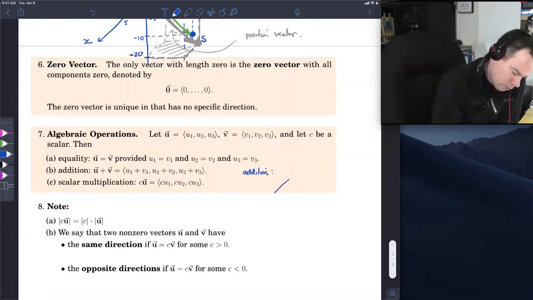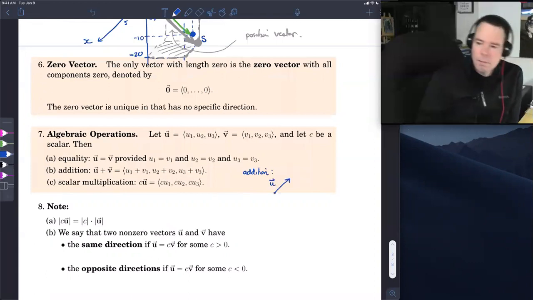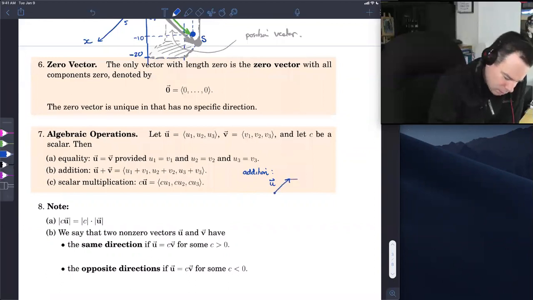If I have a vector, let's say u, and I want to add vector v to it, then what I can do is take the vector v and move it through space so that its tail now sits at the tip of u. So I'll just add it onto the end of it. Maybe that's what v looks like.